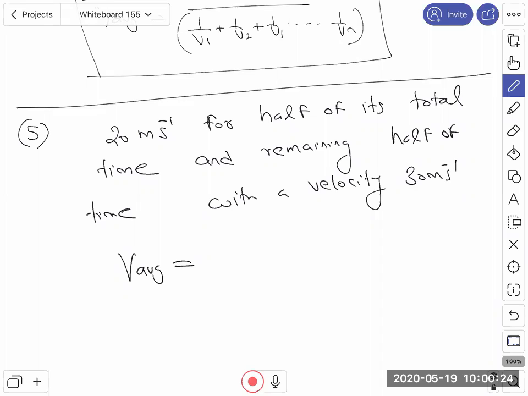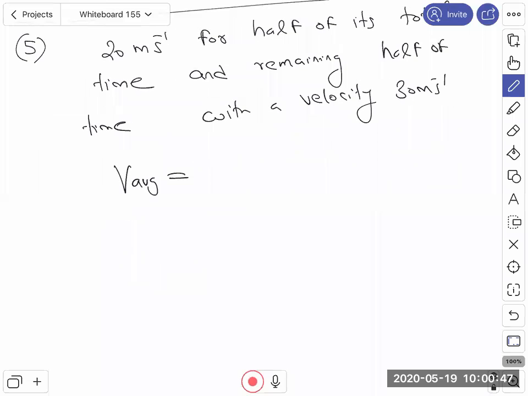Over here time is given same, so you can take T1 and T2 as T, and write displacement in terms of velocity and time. Did everyone get the answer?